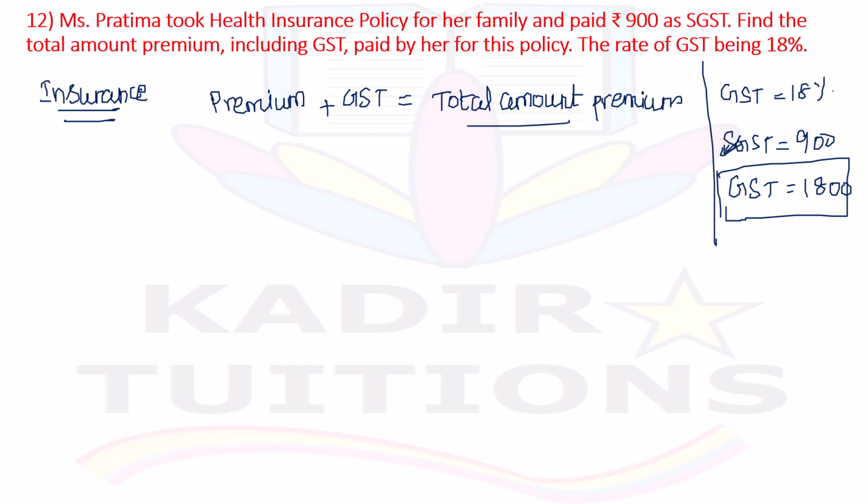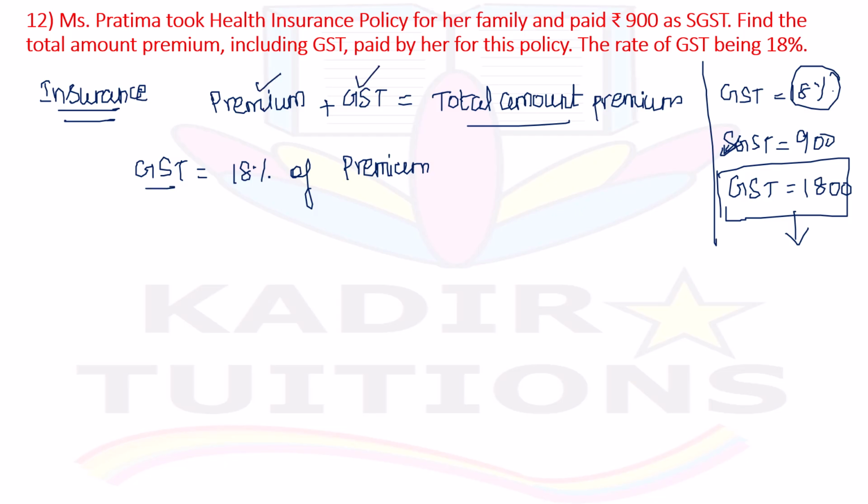So we got the information now. GST percentage we know, and GST value also we know. Then I can easily find the premium. What is actually GST? It's 18 percentage of what cost? According to this case, we can find the GST for the premium only. When I'm paying the premium, I have to pay the GST of this premium.